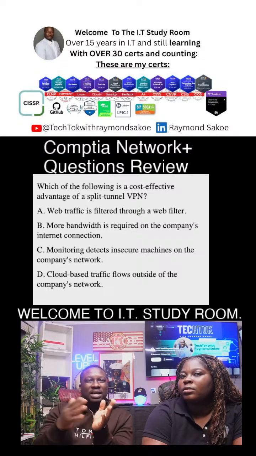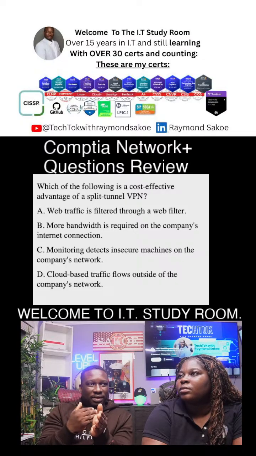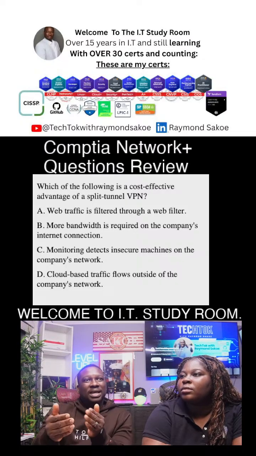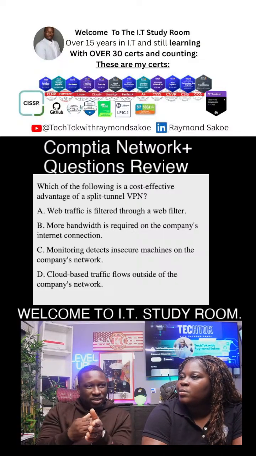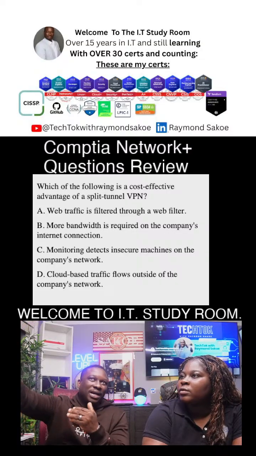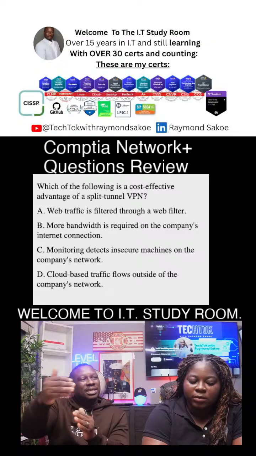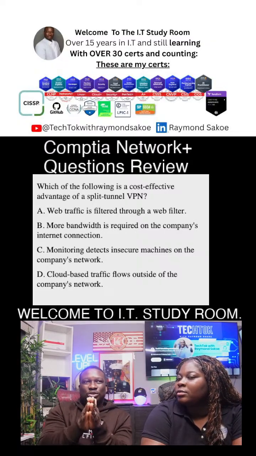If you want to access a company's server with full tunnel VPN, it goes to the company and then the reply comes back. If you are browsing facebook.com, the traffic will go to your company and then go to Facebook, and when it comes back, it comes back to your company and then comes to you. That is full tunnel. Anything goes through the same VPN.